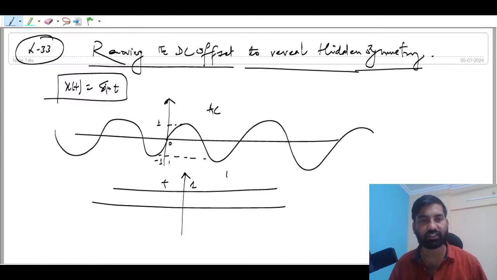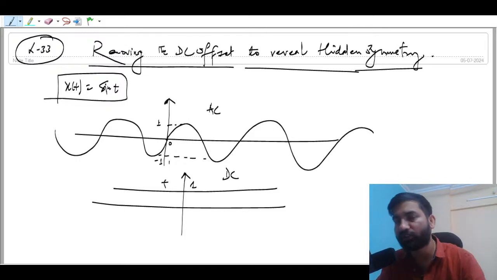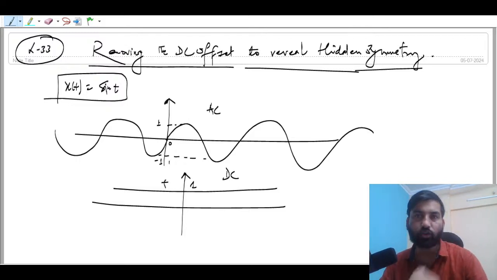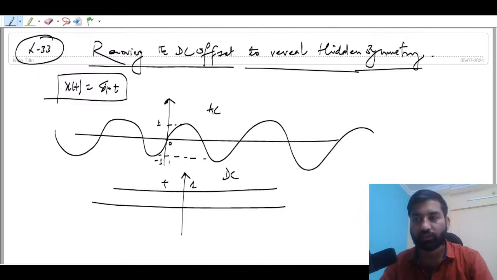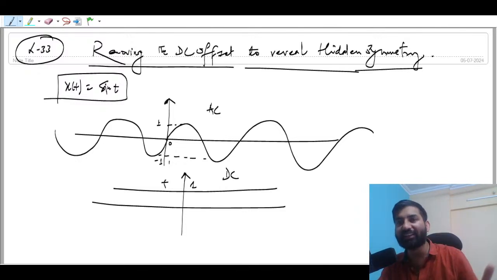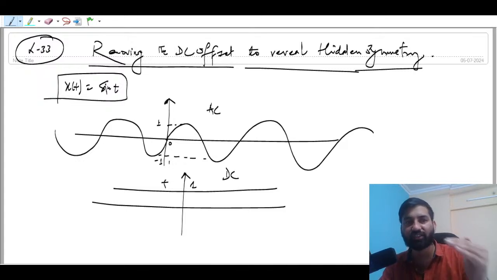So this is the AC signal, and this is the DC signal. If you add a DC signal, you are adding a constant to the function, so your function is going to get shifted up. In analog circuits, this is called clamping: you are clamping up or clamping down.